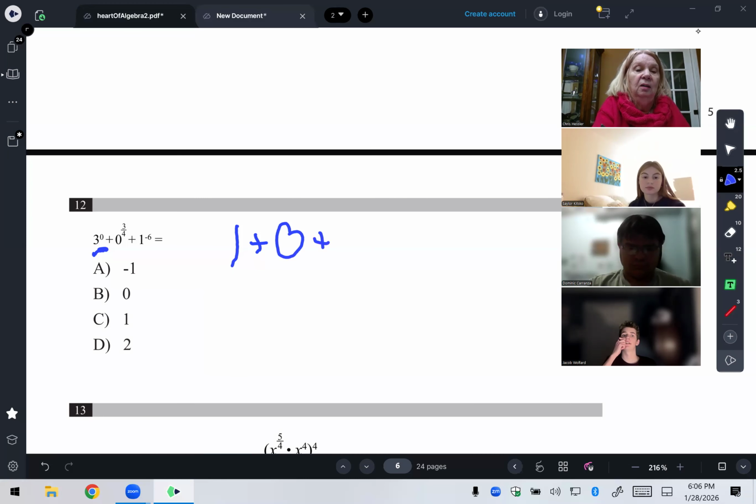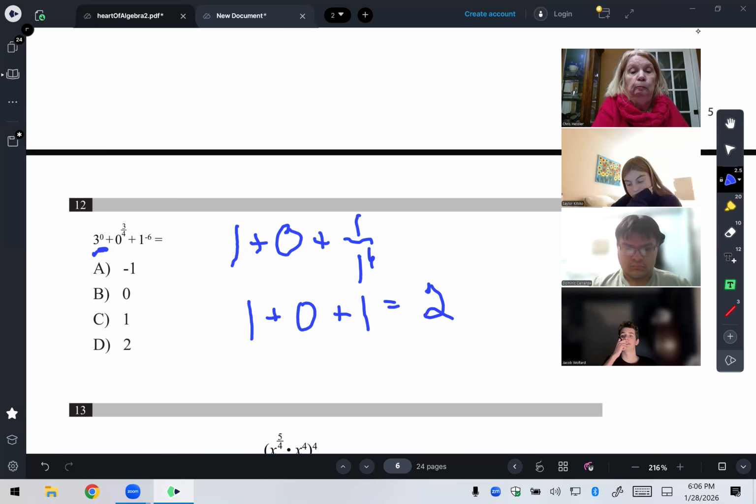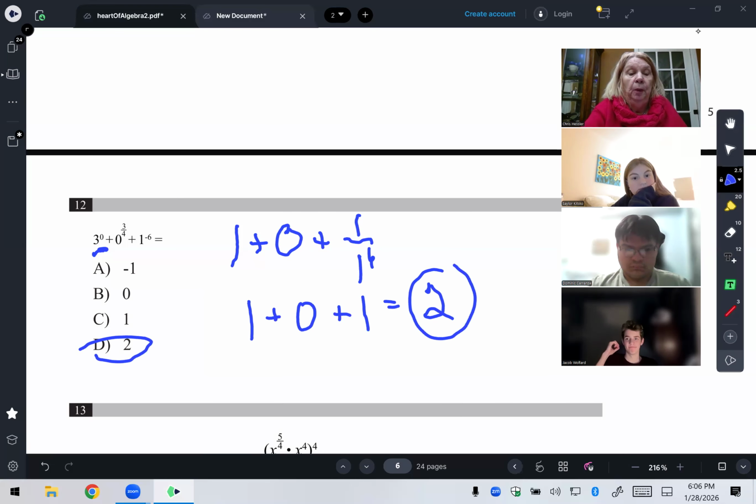It looks like a heart for Valentine's Day. Plus, change the sign. So I really have 1 plus 0 plus 1, which would be 2. Thank you, College Board, for 10 points. Everybody good with that one?